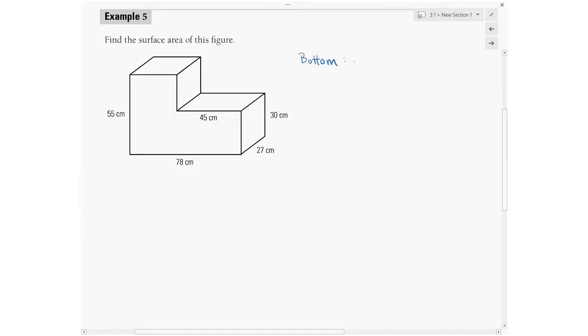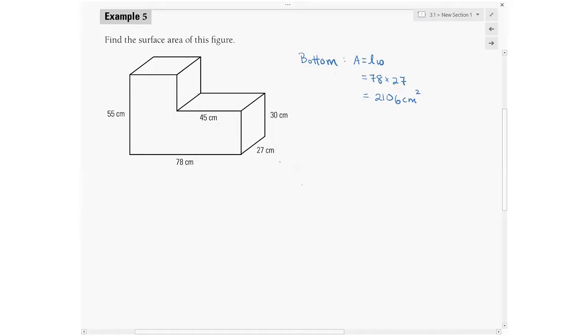So this is going to be length times width, and that's going to equal 78 times 27, which is 2,106. That's going to be centimeters squared, we're still talking about area. So that's the area of my bottom.